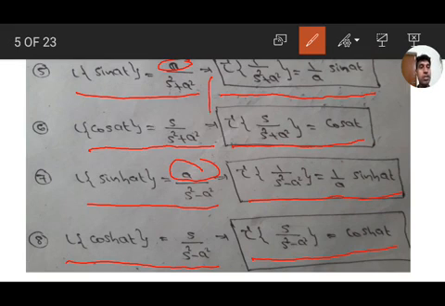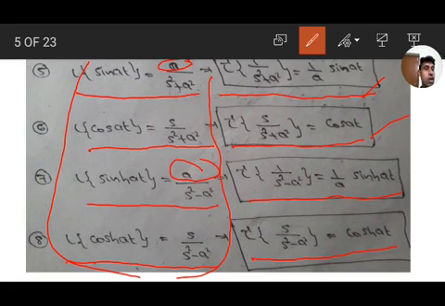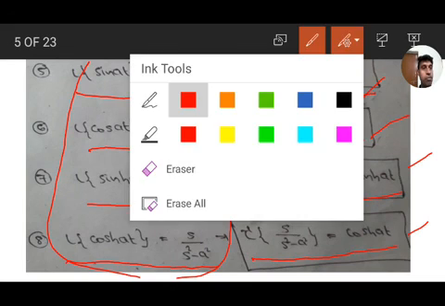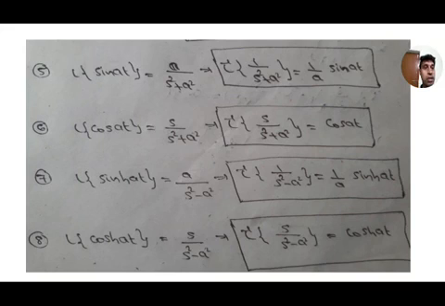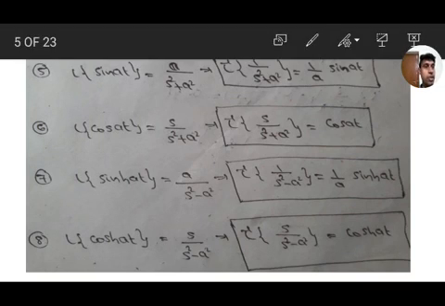Based on these Laplace transforms, we have inverse Laplace transform formulas for 1 by s square plus a square, s by s square plus a square, 1 by s square minus a square, and s by s square minus a square. These are another four formulas. L inverse of 1 by s square plus a square equals 1 by a sin at.